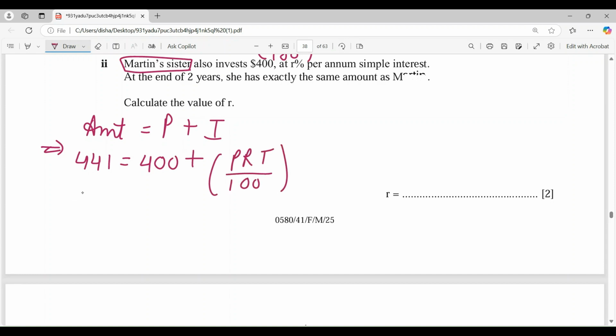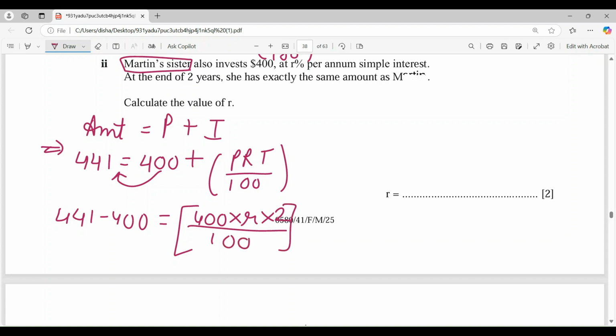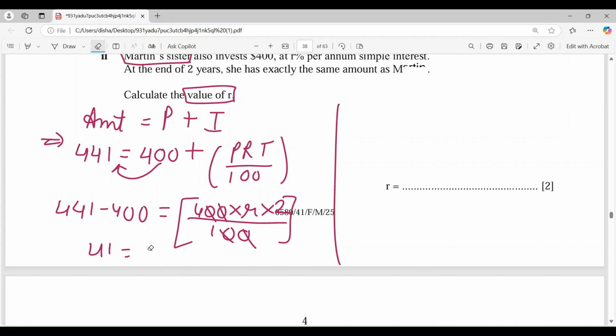If we substitute, 441 minus 400 equals 400 into R into 2 years, the whole upon 100. So 0, 0 cut, we have 41 equals 8R. Therefore R equals 41 upon 8, which on calculating, we get 5.125%. So the rate of interest, that is the value of R, is 5.125%.